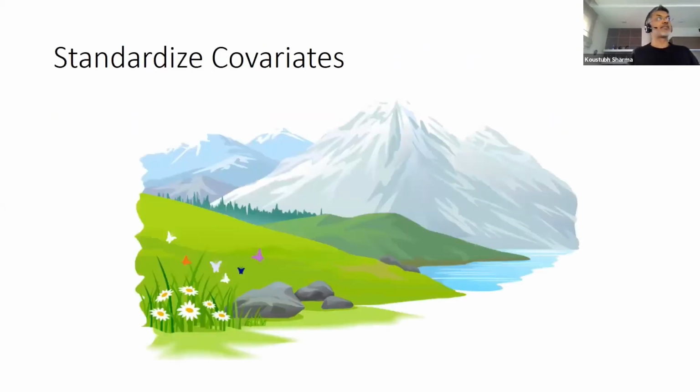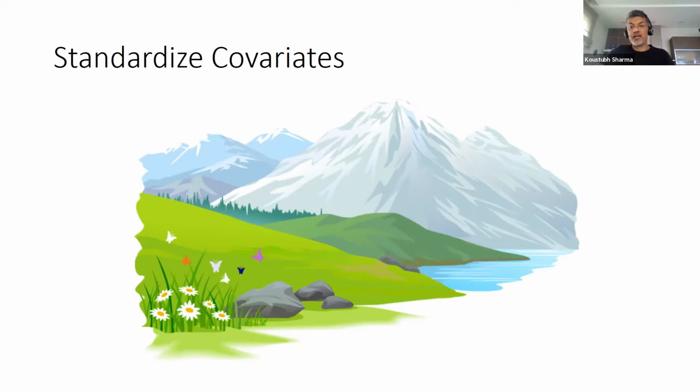This is an important step, and again, many times we all miss it, but it's a very crucial step to standardize your covariates. Now, it's important to standardize covariates if you are trying to compare responses of more than one covariate on your probability of occupancy or detection.